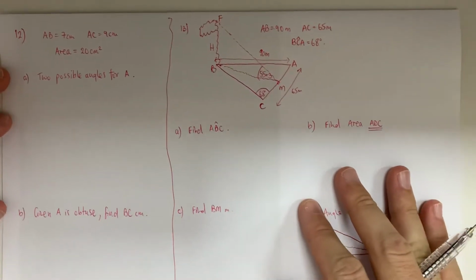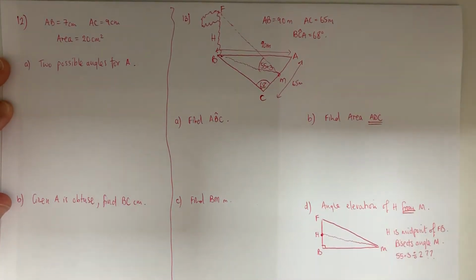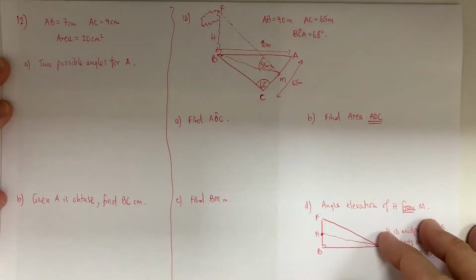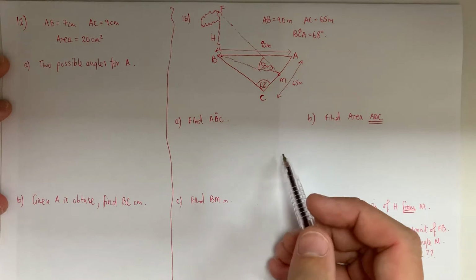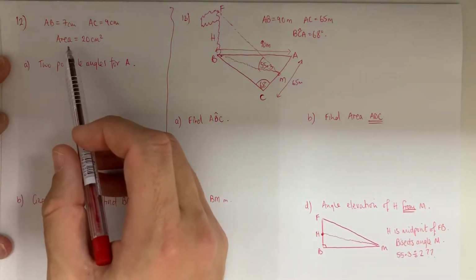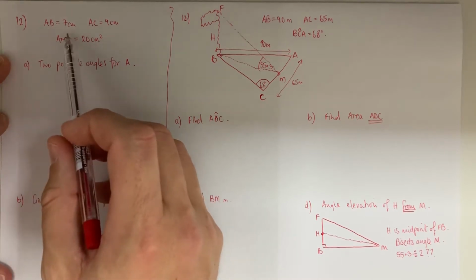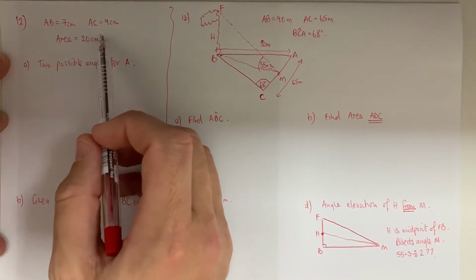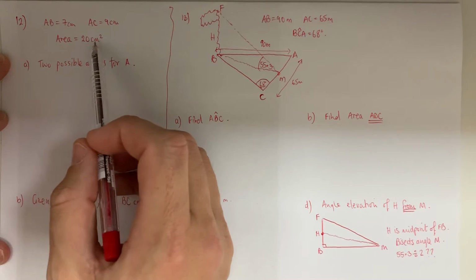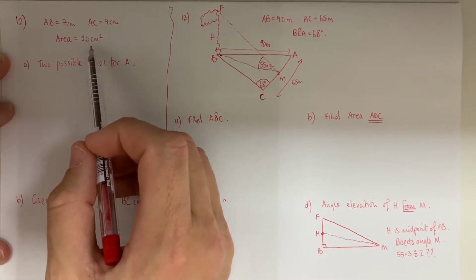So on to question 12, which takes us back to the kind of questions that we'll possibly get in the exam. Question 12 gives you no triangle, just gives you some information. AB is equal to 7, AC is equal to 9, the area is equal to 20.